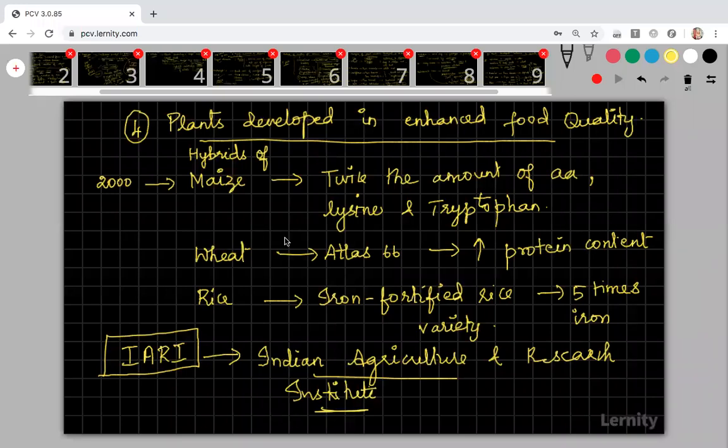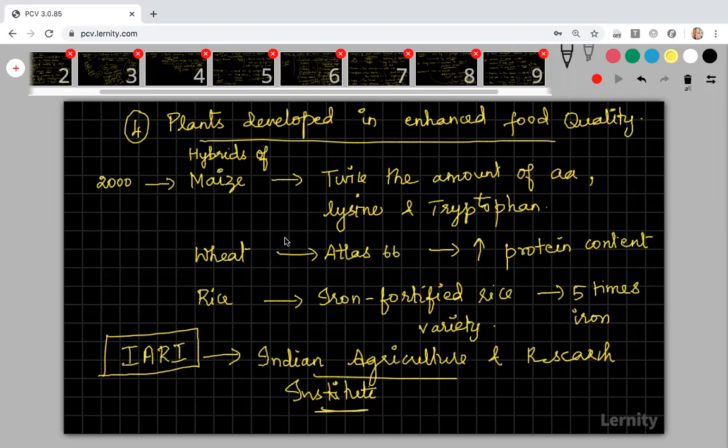Then I gave you the steps of plant breeding, that is conventional, classical and modern plant breeding. Then we discussed a very important concept: the steps required to develop a new variety of plant using this plant breeding program. Under that we discussed 5 important steps: collection of germplasm, selection of parents, hybridization among the parents, then testing the recombinant variety, and finally releasing the recombinant variety.